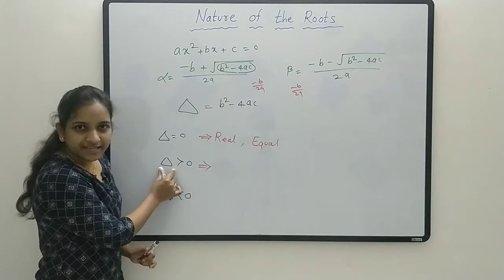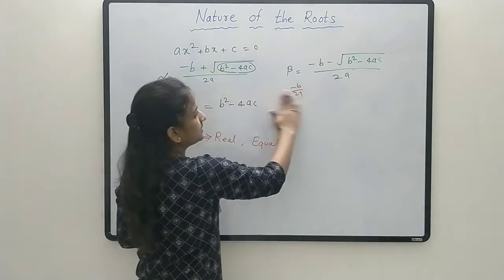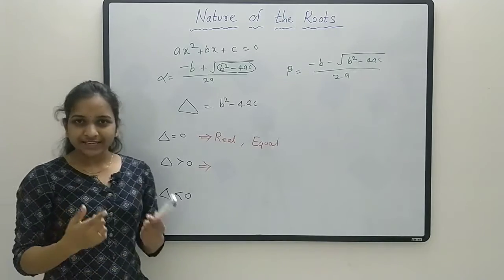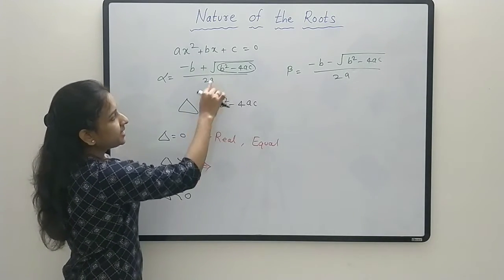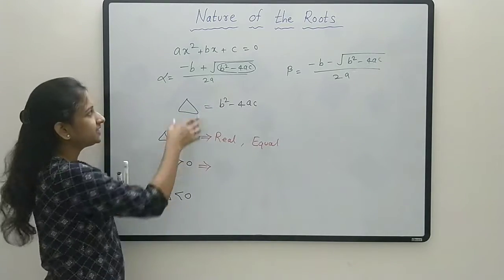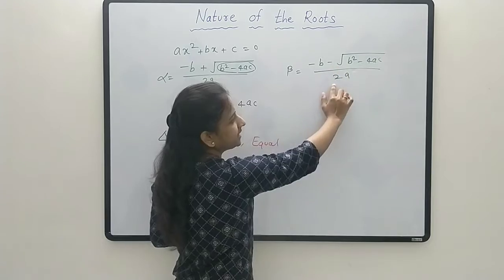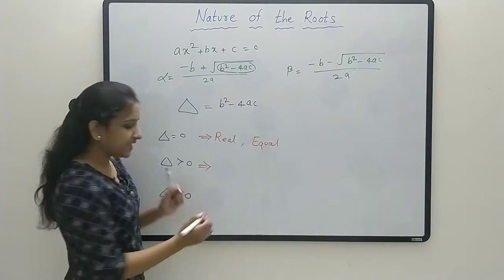Now, let's check when the discriminant is greater than 0, means positive. Square root of a positive number is a real number, right? Real number plus real number divided by real number, so this root is real, and the same for this, real minus real divided by real. So alpha and beta both the roots are real.